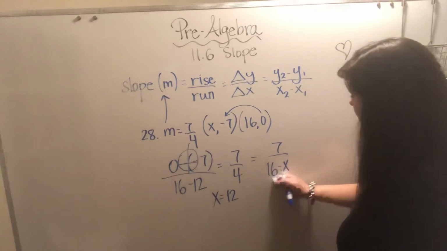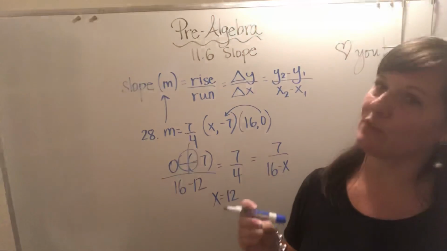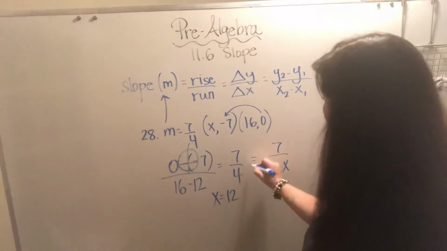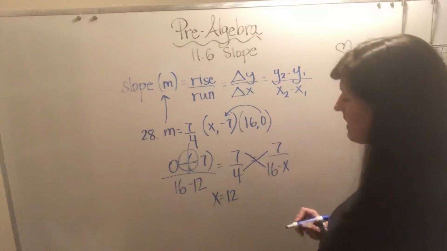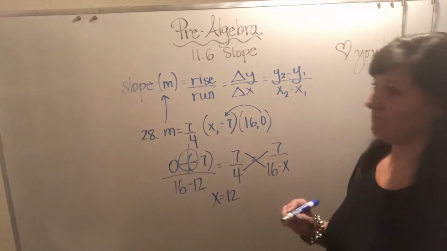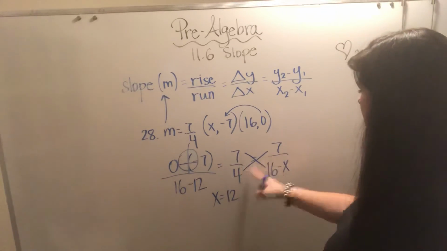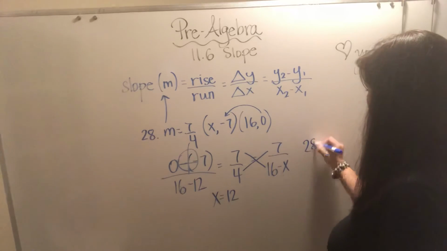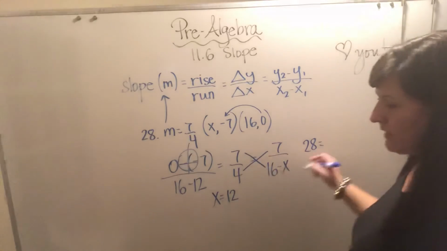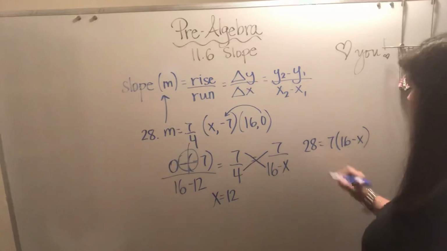Now that turned out pretty easily, but I'm going to show you when it does not, you can still solve it. And you can still solve it by, hopefully, maybe you remember, cross multiplying and dividing, okay? So in this case, you would cross multiply. 7 times 4 is 28, and that has to equal 7 times 16 minus x.